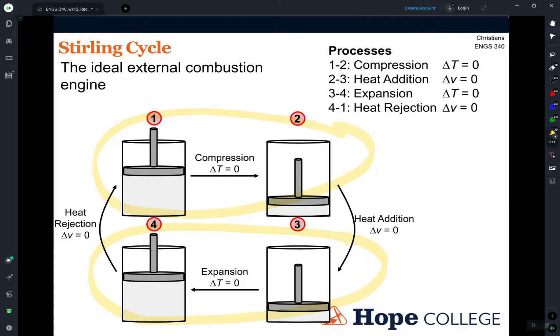These aren't the only cycles. There are other cycles as well, the Miller cycle, the Ericsson cycle, and other twists and tricks on these as well. But these are four that I think are interesting, and I hope you enjoyed learning about them. As I said, we're not going to have Stirling cycles or Atkinson cycles on exams.